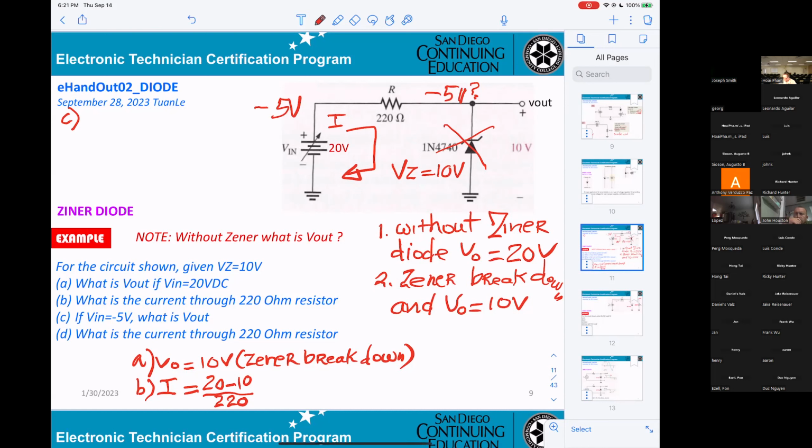Without the diode, you get minus 5. Now you get a diode. That means you get a 0 here, and this side is minus 5. What is V out?